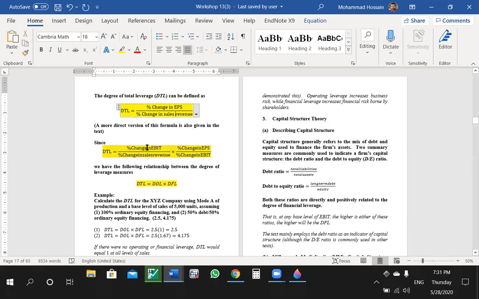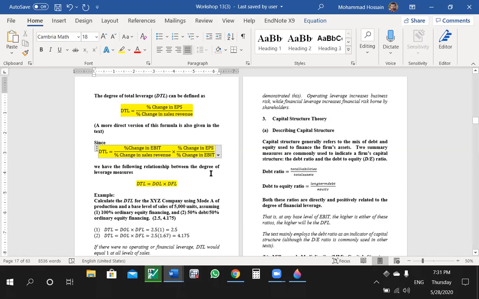Here, percentage change in EBIT and sales revenue. That's the formula we have.